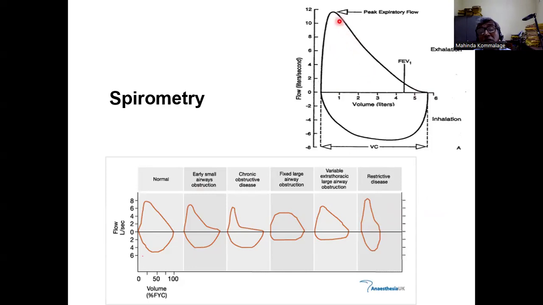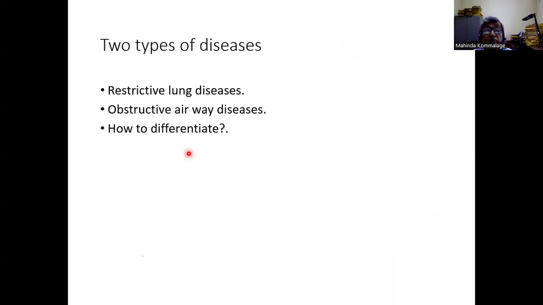So this curve will not be like this. It will go down like this and like this, right? So it will be something like this when there is an airway obstruction. Spirometry will be a practical, and you will learn more about that later. Right. So there are two types of disease: restrictive lung disease.